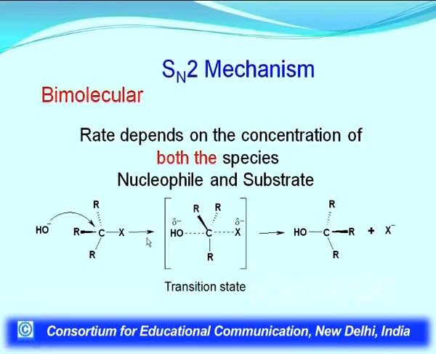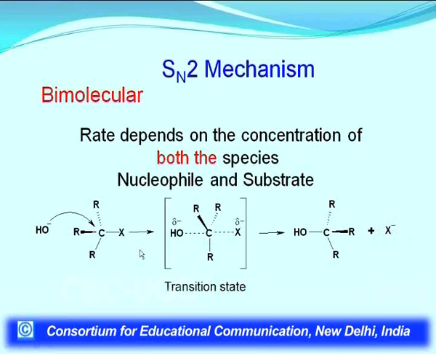So, the total negative charge that was concentrated on the oxygen in the hydroxide ion is now distributed on the oxygen and the leaving halide ion in this transition state. And when a sigma bond is formed between this oxygen and carbon, the halide ion leaves completely, and the full negative charge is with this halogen.